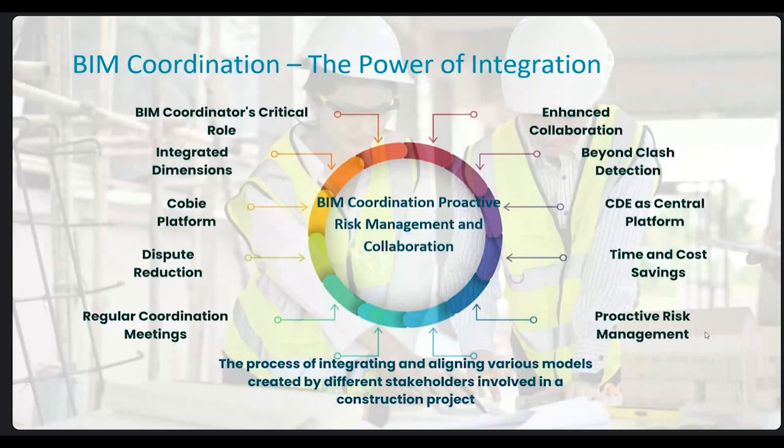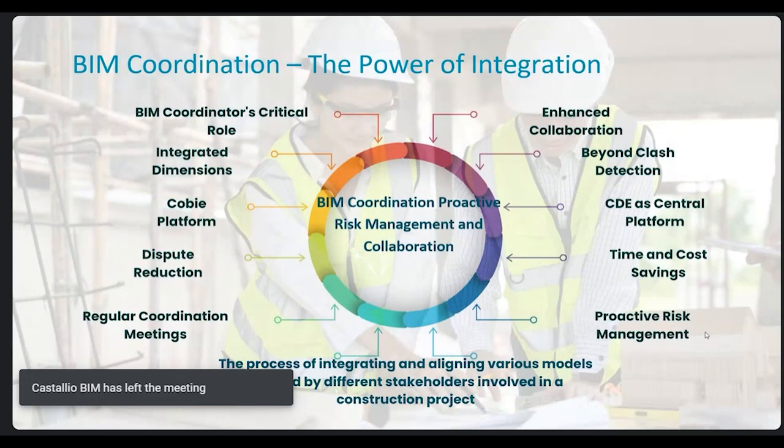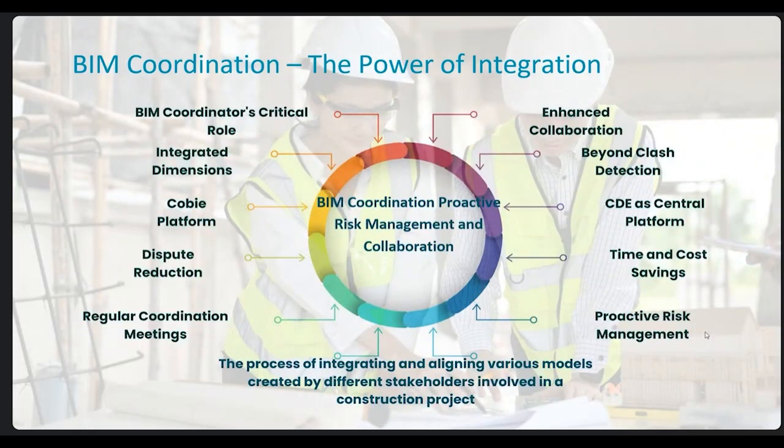This is the approach where we are doing the data integration. Maybe a few people think BIM coordination is only about doing clash tests and sharing clash reports, and that's it. This is not what BIM coordination is about.